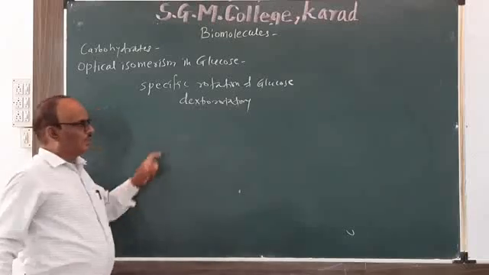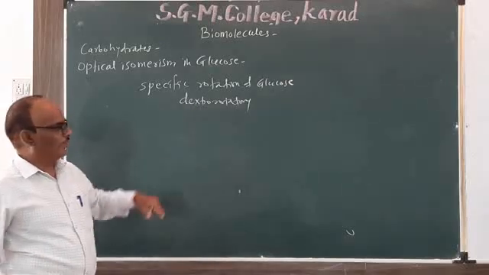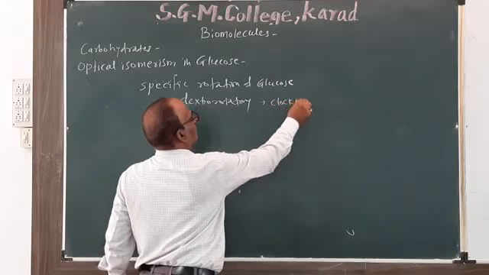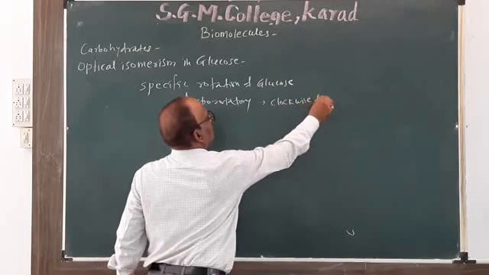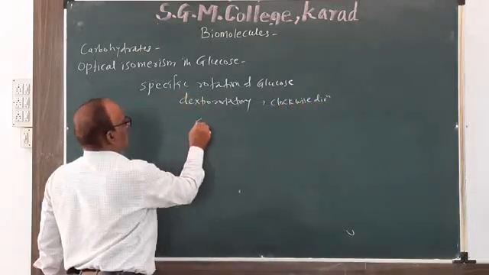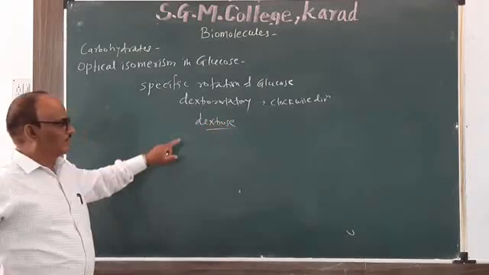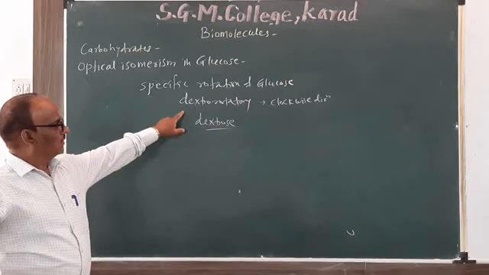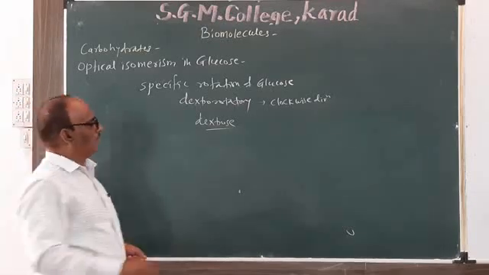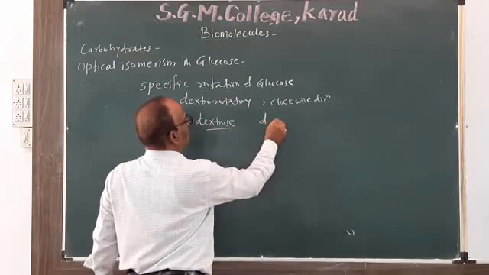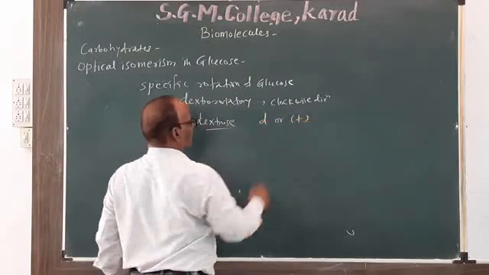Dextrorotatory means it rotates the plane polarized light in the clockwise direction. Therefore it is called dextrose. Another name for glucose is dextrose. The symbol for dextrorotatory is small d or plus.